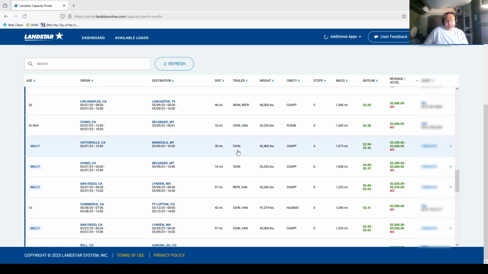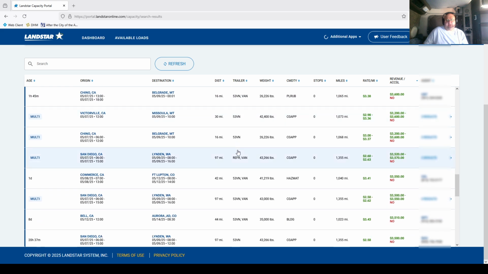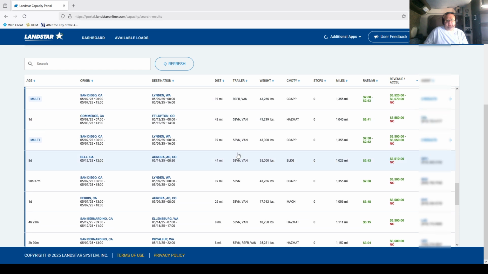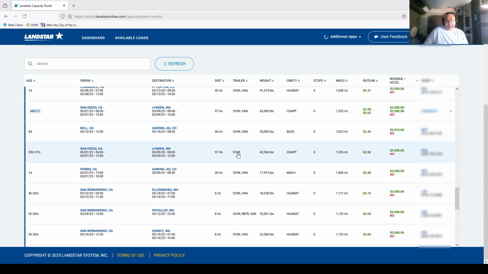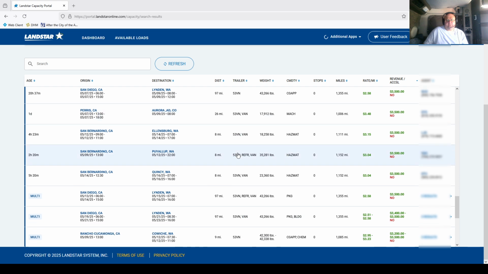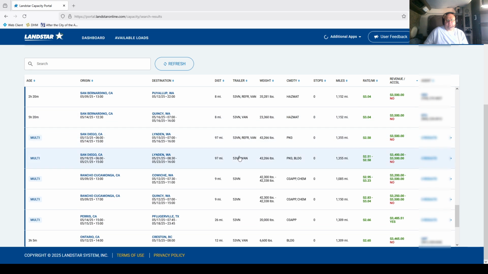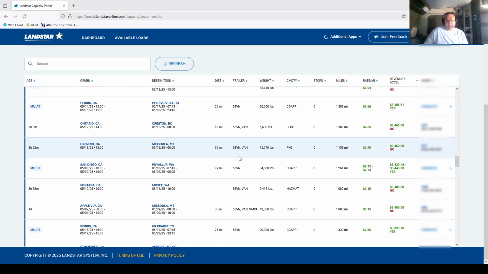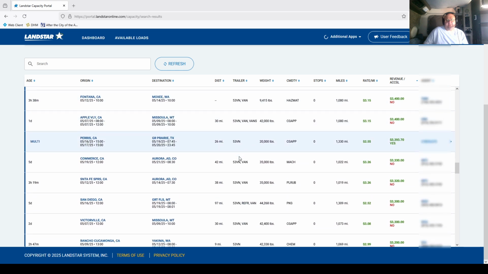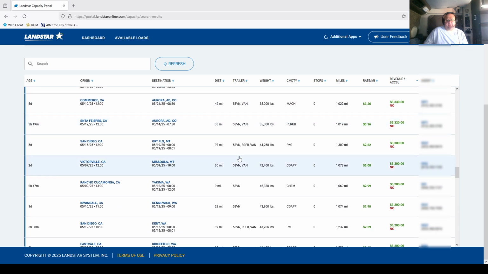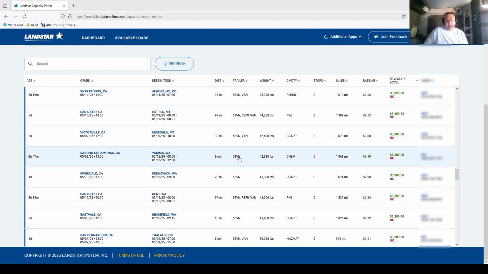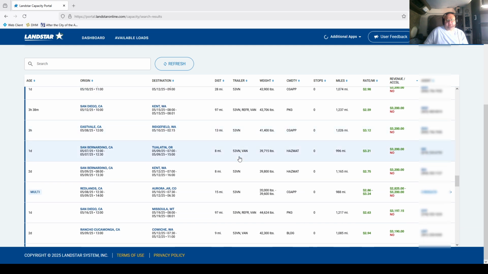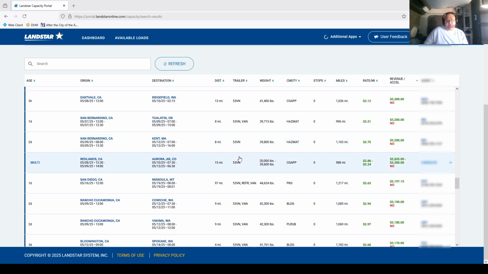If it's going out in the middle of nowhere to where you're going to have to deadhead 500 to 1,000 miles to get a load, then it has to pay a lot of money. Now there might be some decent loads that I'm skipping over here and not noticing. If I see a good load, I'm going to call it out, but I'm going through here so fast I might not notice a good load.